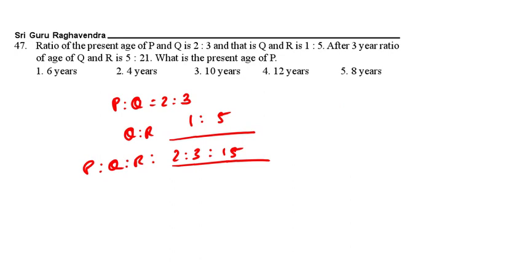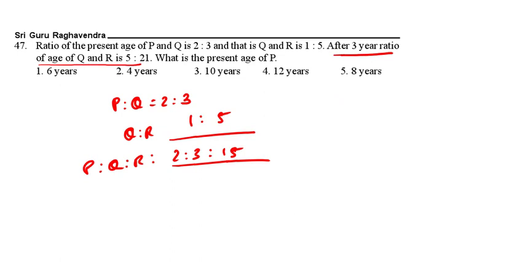Now after 3 years, the ratio of Q and R will be 5:21.